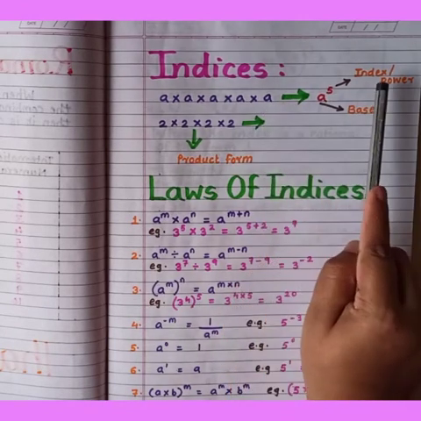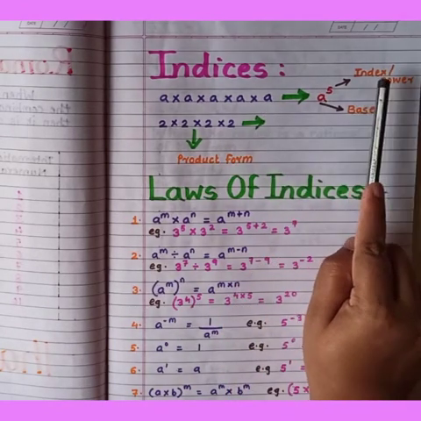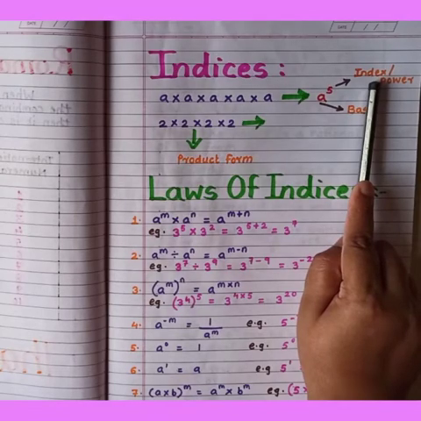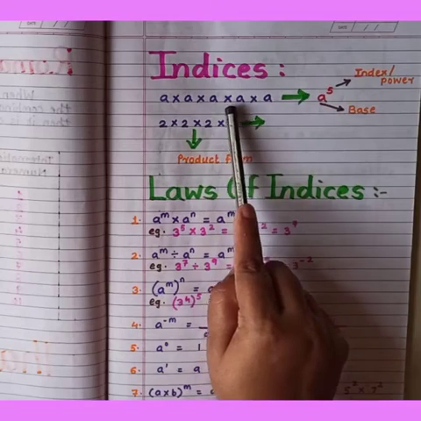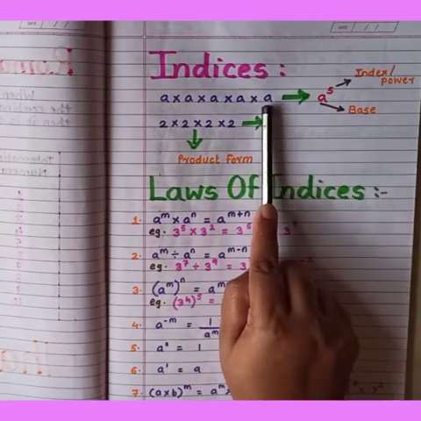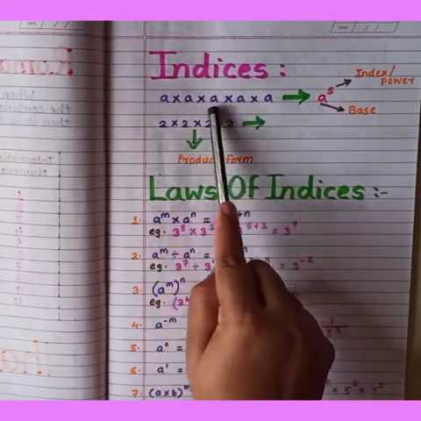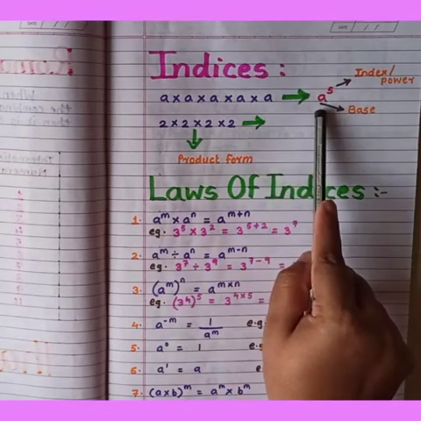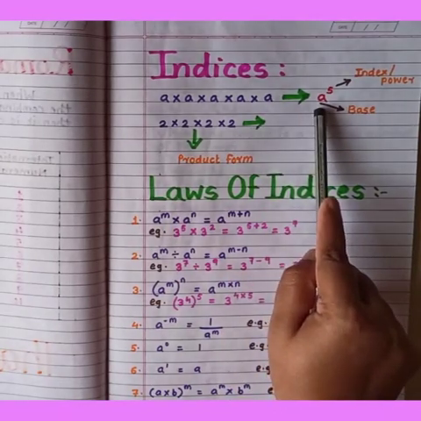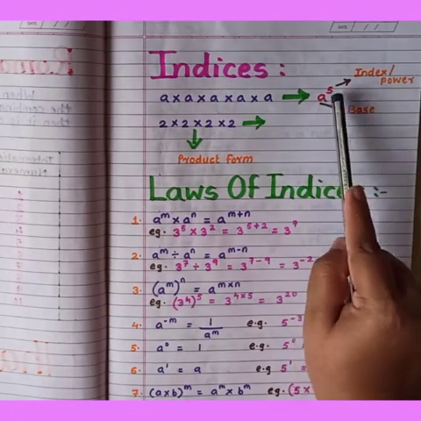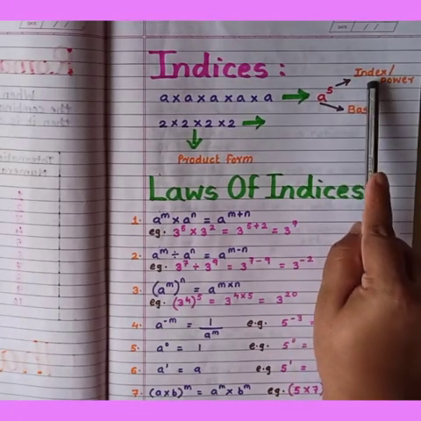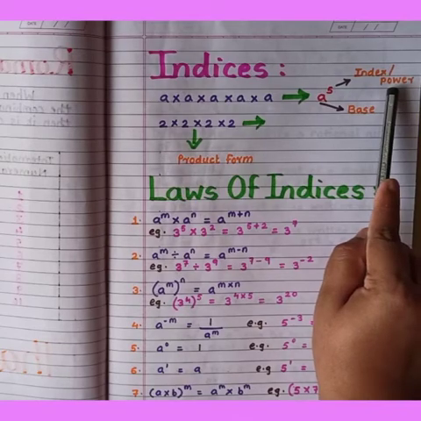So here A is multiplied 5 times. In index form we write A raised to 5, where A is the base and 5 is the index. Index is also called power.